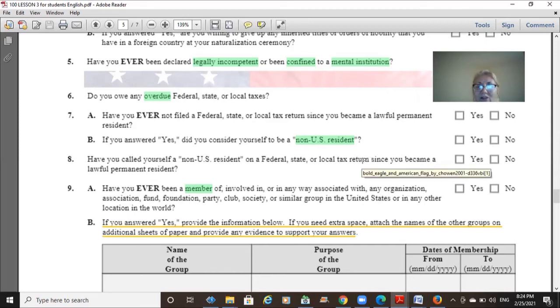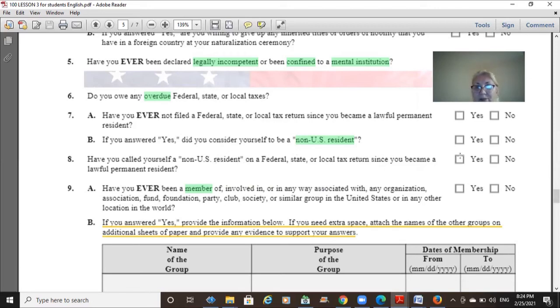So that's not a good decision. It's not a good situation. If you are a lawful permanent resident, why would you say that you are not a US resident, right?